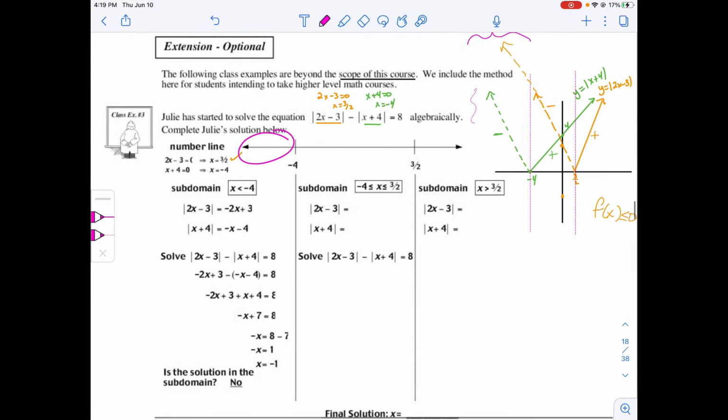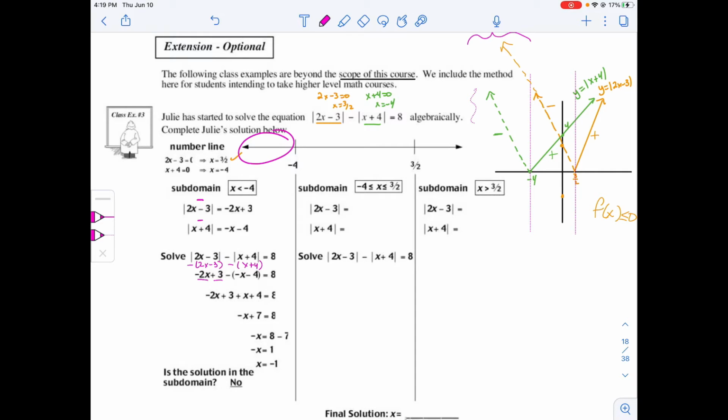And that's basically what we're saying over here. They're saying this is in this subdomain where x is less than negative 4, the 2x minus 3 is the negative, and the x plus 4 is the negative. So when we solve that, we've got the negative of 2x minus 3, which when they distribute it is negative 2x plus 3, and the negative of x plus 4.